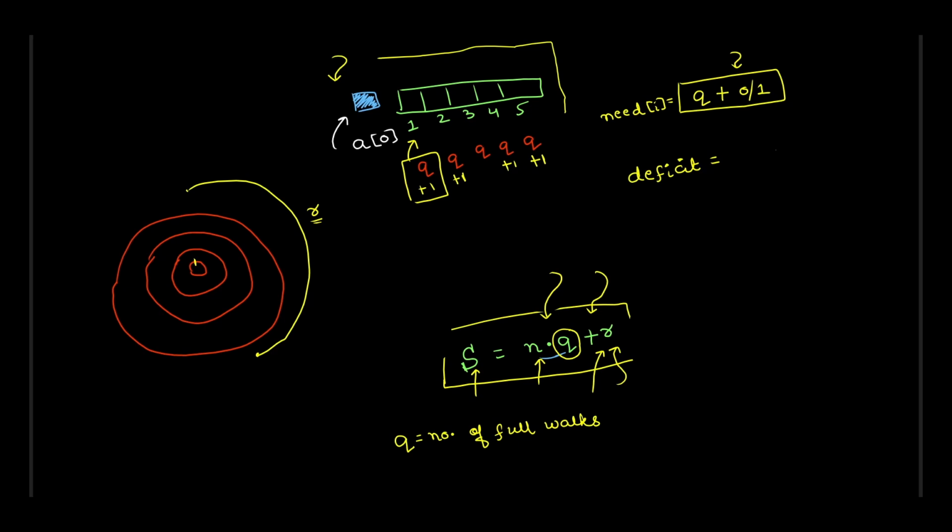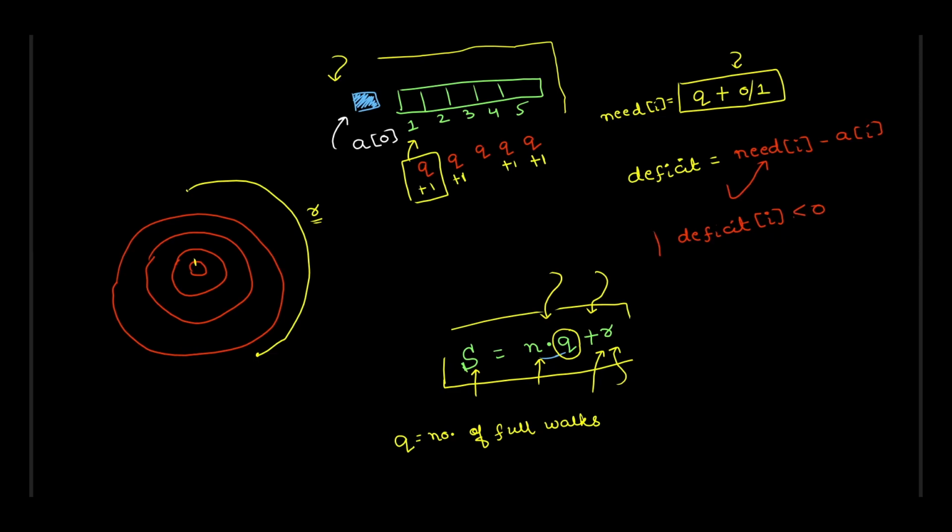So deficit of i would be nothing but how many extra balls this person needs. It needs need of i balls, minus it has a of i balls. But if this deficit is less than 0, it means that this person has extra balls, and it will not be possible to clear out all the balls for this person i.